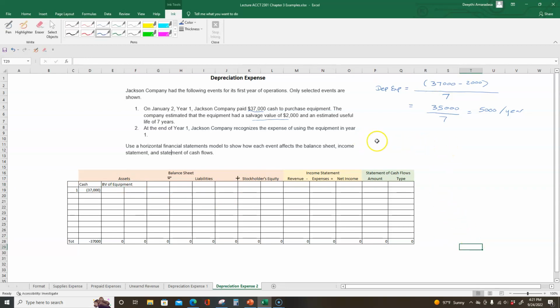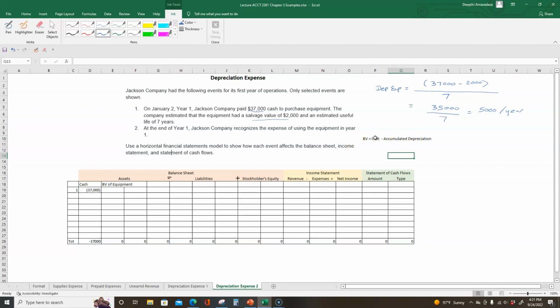To recall, book value is equal to cost minus accumulated depreciation. Let's look at this relationship. Cost minus accumulated depreciation is equal to book value.